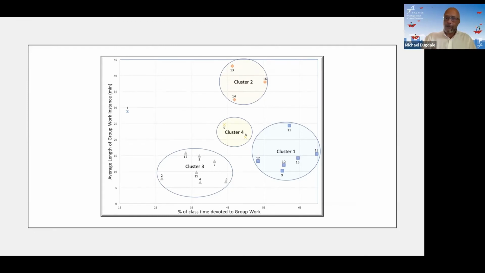And so that gave us a little bit of confidence that we're looking at something that does actually capture some of these orchestrational differences within the teachers.